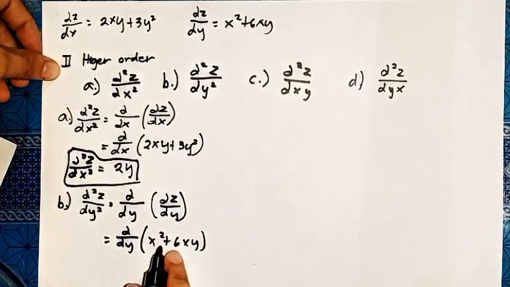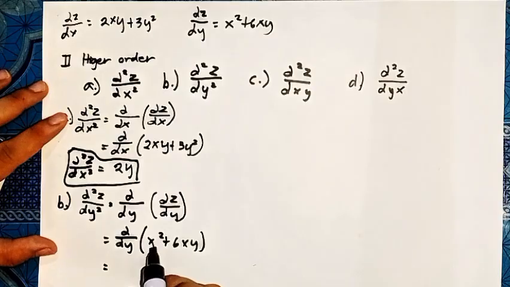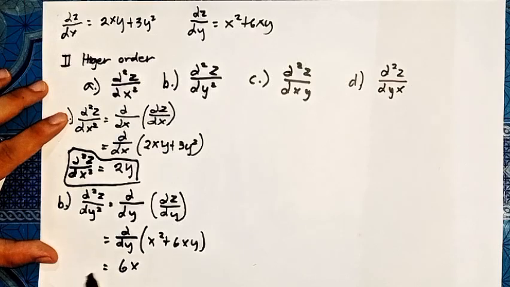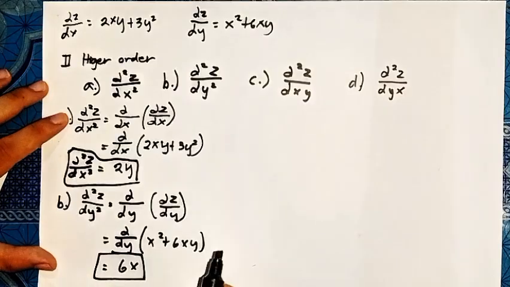So we derive this again with respect to y. Since x squared is a constant, the derivative of a constant is 0, plus 6xy. The derivative of 6xy with respect to y is 6x. This is now our partial squared z over partial y squared.